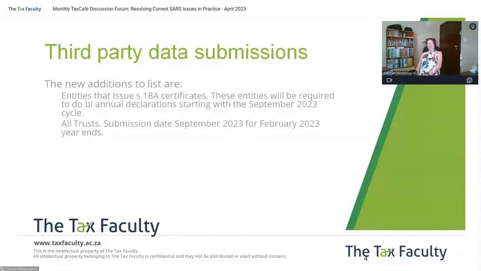If I'm looking at it through a SARS lens, I can fully understand why they think this is workable and necessary.